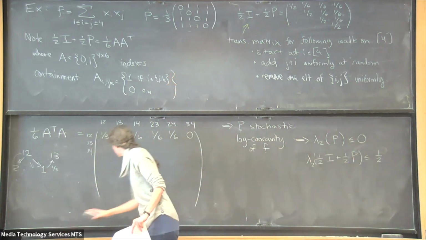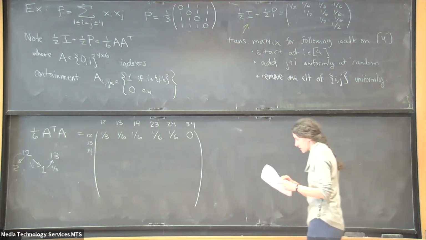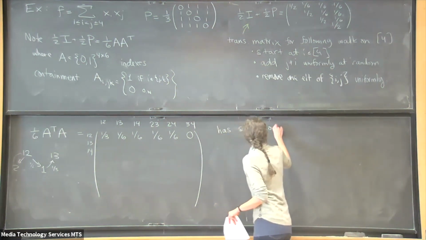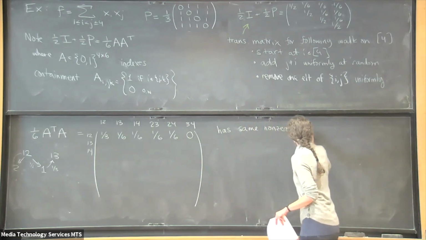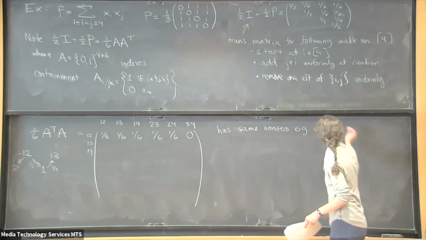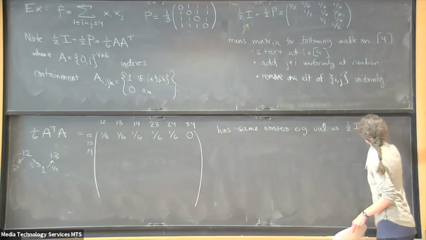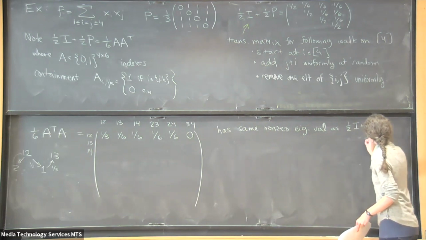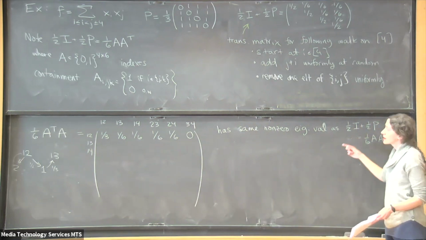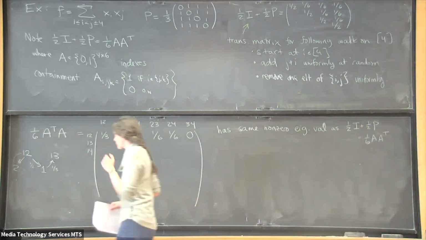That's the other salient feature. It's only going to have rank 4, so it has the same non-zero eigenvalues as 1/2 I plus 1/2 P. And so in particular, its second eigenvalue is going to be at most 1/2.